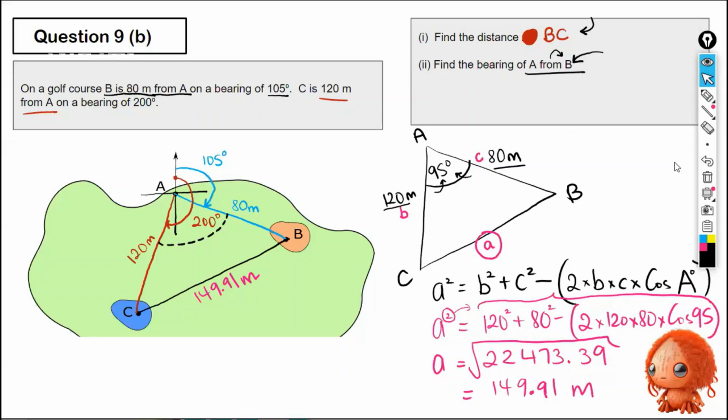So pretend that you're at point B. B also has a north line, and you want to turn on a bearing to face A. So you stand at north and you turn clockwise until you reach that blue line. They want to know the size of that green angle.